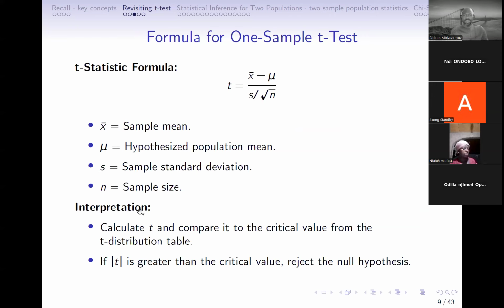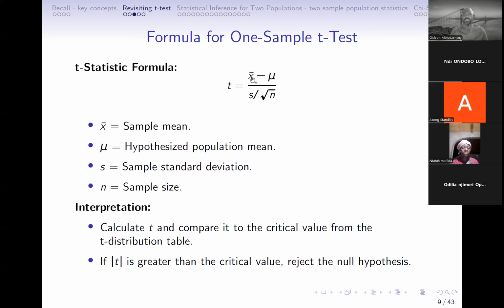You will also recall the formula for the statistics was very simple. We are looking at two things for the single population. You shouldn't be confused by these symbols, because the symbols are actually meant to represent different things.